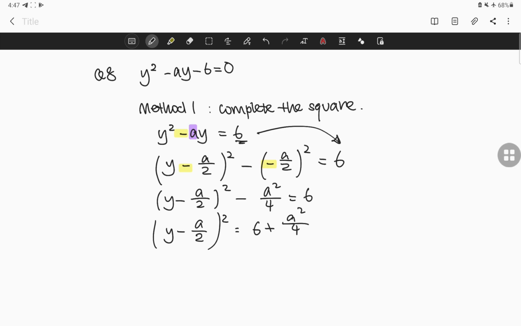We can then simplify the right hand side to have 24 plus a squared divided by 4. And this whole thing is equal to y minus a over 2, the whole thing squared.